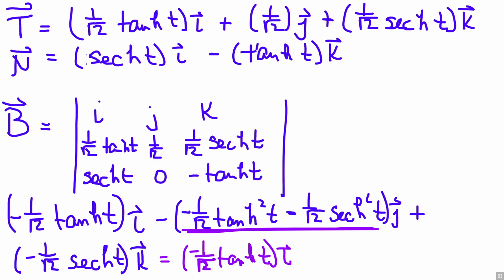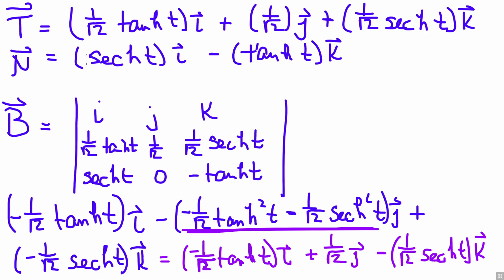The middle term is just going to clean up nicely to positive 1 over the square root of 2 in the j direction. And for the last component, you can't do anything about that, so we're just going to leave it as it is. I can bring out a negative, and then I have 1 over the square root of 2 secant hyperbolic of t in the k direction. One thing you can do, which I didn't do, is pull this negative out front, but it doesn't matter which it is.